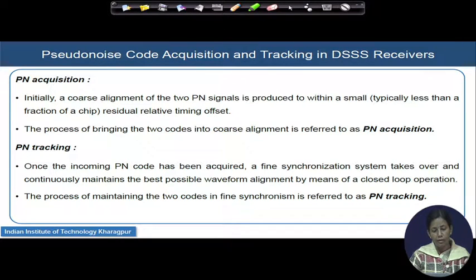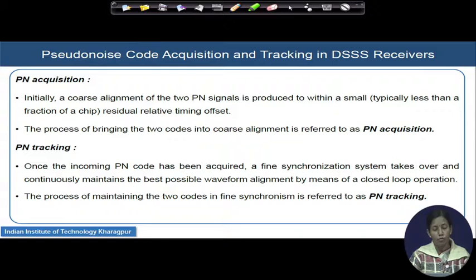So, if I try to picturize it, one is the coarse acquisition, another is the fine acquisition. One is the coarse alignment, another is the fine alignment. Coarse alignment is related to PN acquisition, and fine alignment is related to PN tracking. So, you cannot enter into the tracking stage directly without performing a coarse alignment of the two codes. That is the logic, and otherwise tracking will be a very troublesome and complicated situation.